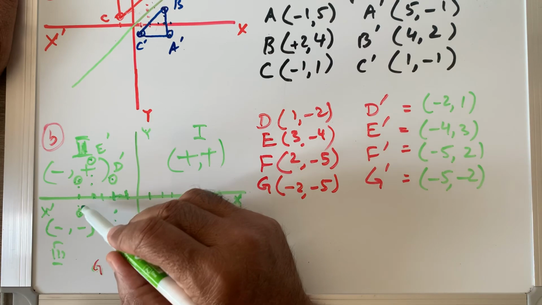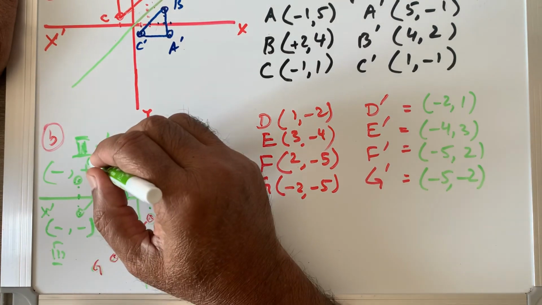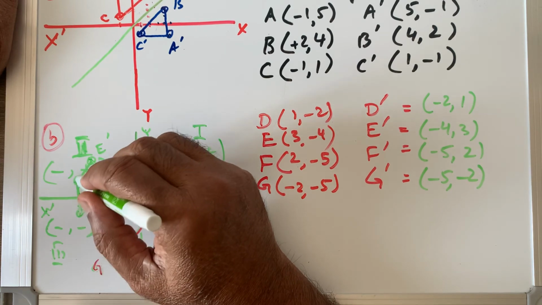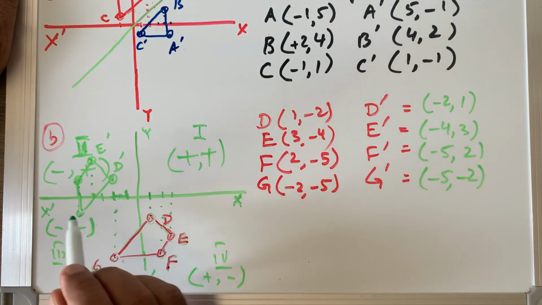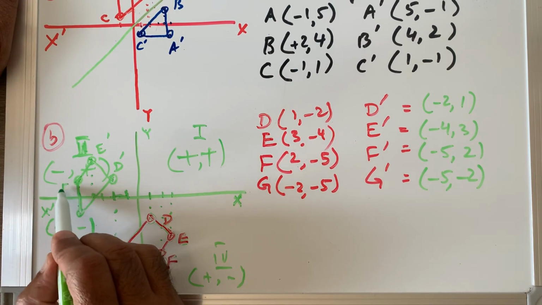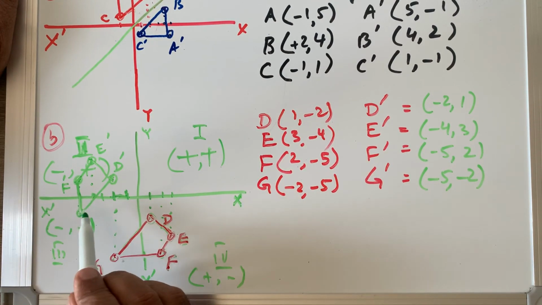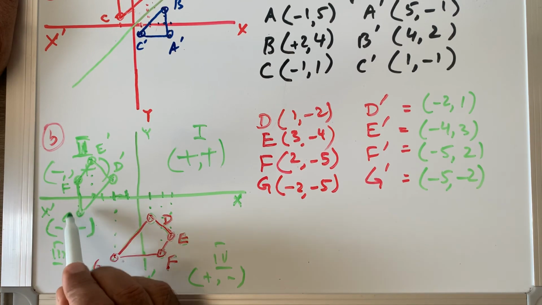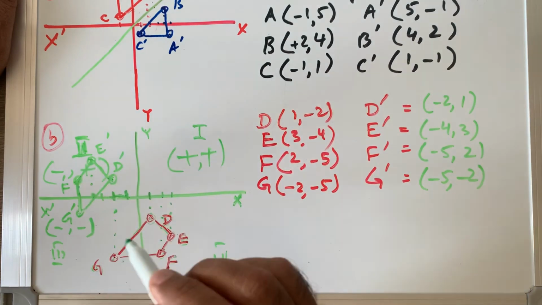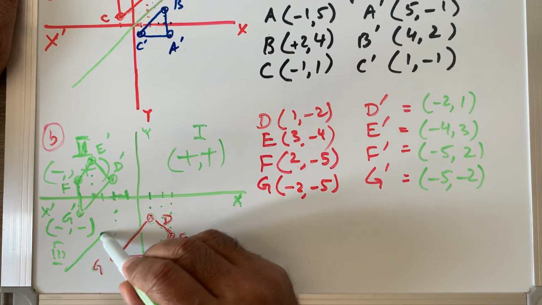So it is reflected. You can see how it is reflected, right? E dash, D dash, and then I have F dash, -5 and 2, and then I have G dash. This is my G dash. So my picture is complete and it has been reflected across M. So I did not draw M here.